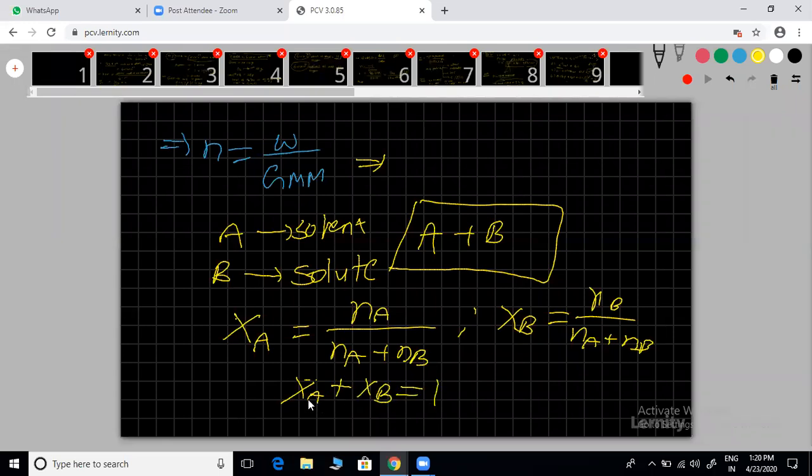If we calculate XA, we can easily calculate XB equals 1 minus XA. Make a note of the mole fraction formula. It's easy.